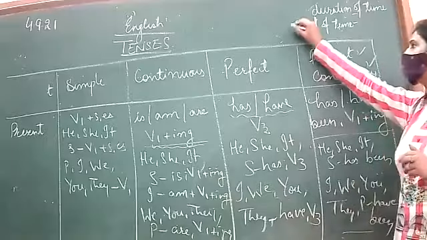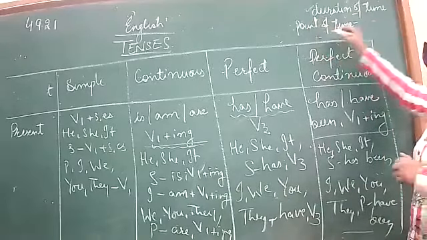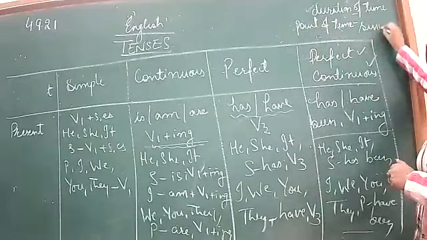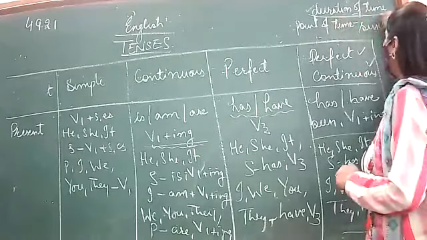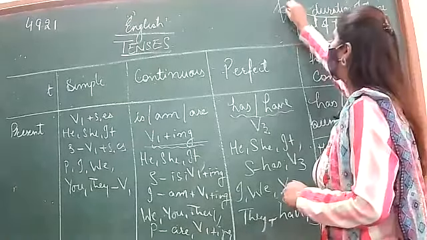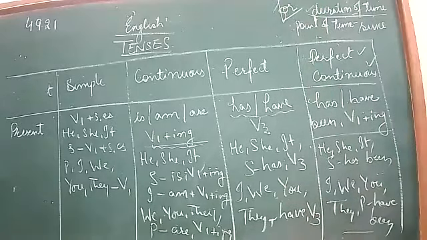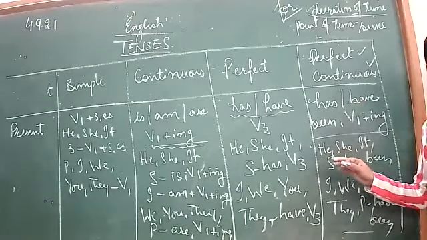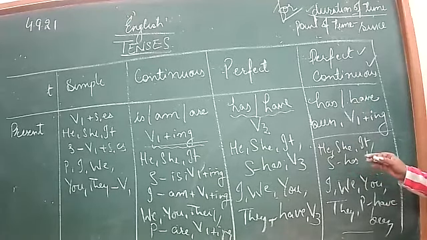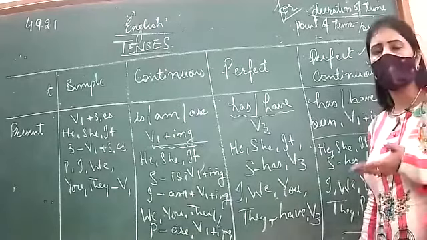So when a particular point is given, we use since. And when some duration of time is there, we use for. So these are all affirmative sentences, where we are delivering positive statements.